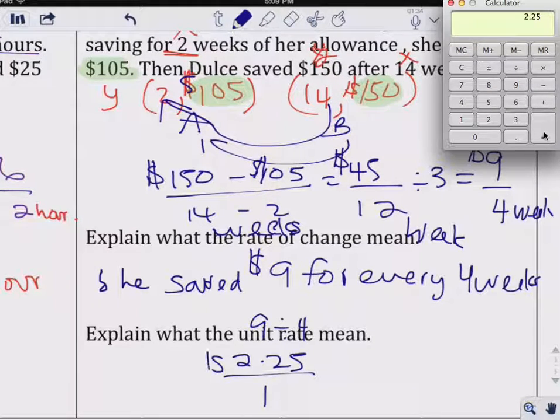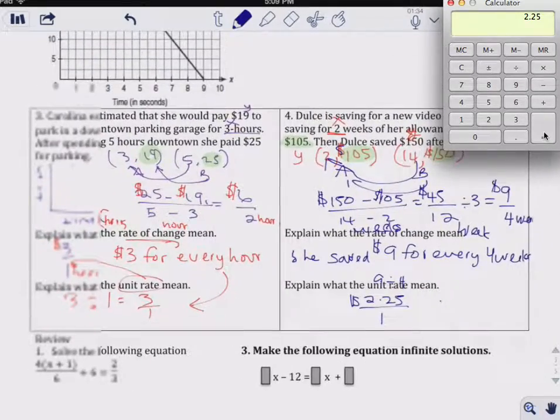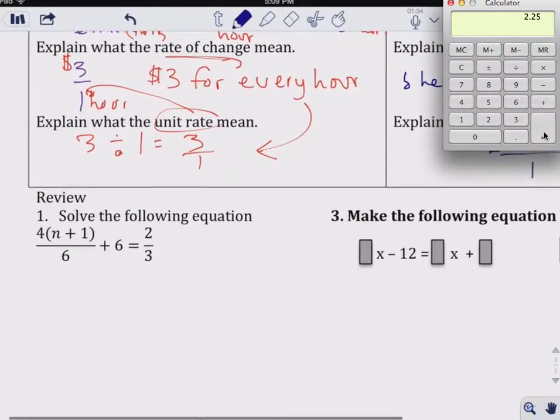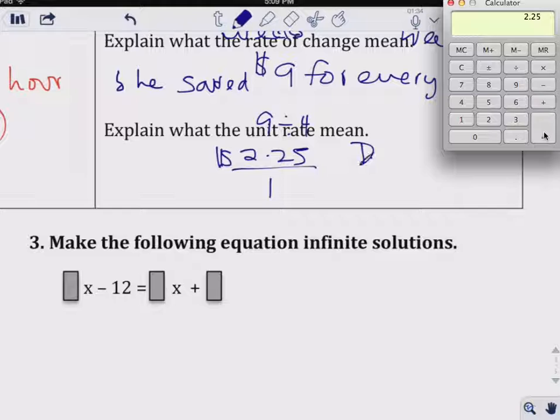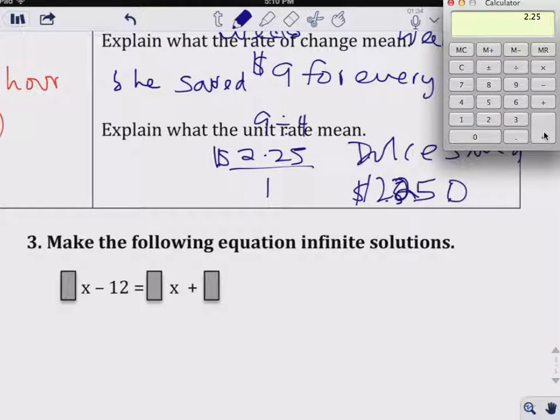So basically she saved $2.25 every week. Dulce saved $2.25 every week.